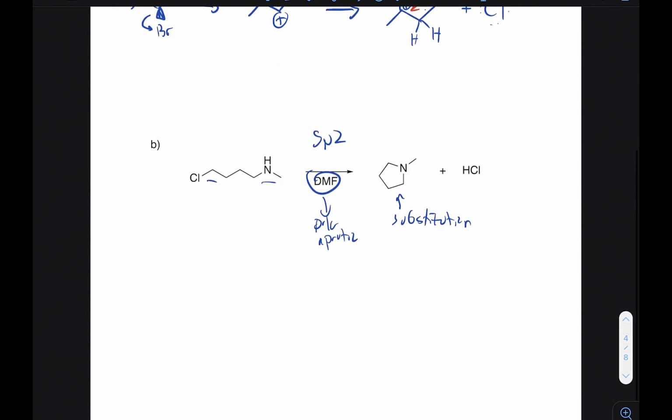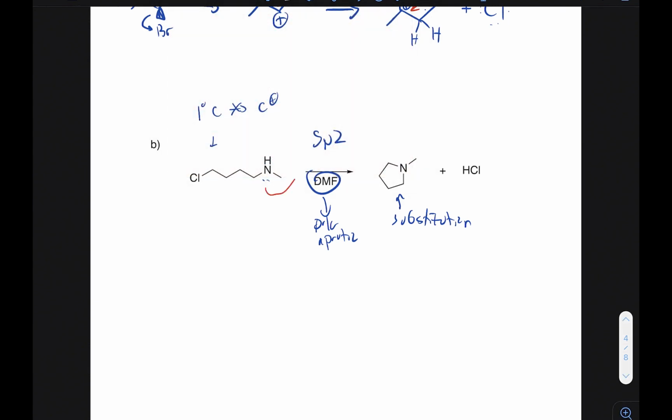So it would be wrong to have chlorine leave first, because primary carbons are not good carbocations, right? So we know we're just having a substitution take place. And so what does that look like? We have this amine, which is a good nucleophile, right? Things don't have to be negatively charged to be a nucleophile.